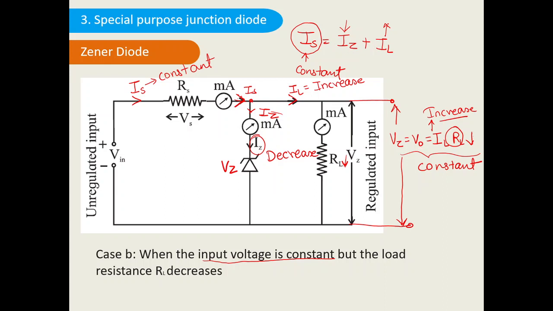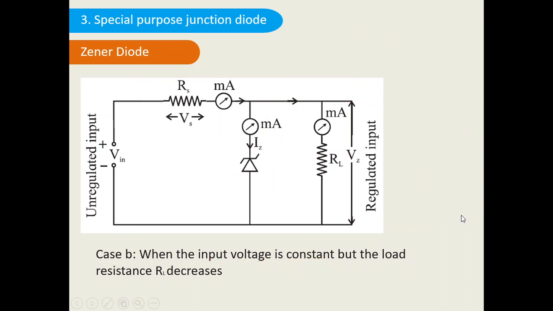So this is the second case in which the output voltage is constant, input voltage is also constant, but the load resistance is decreasing because of certain reasons. So this is case B.